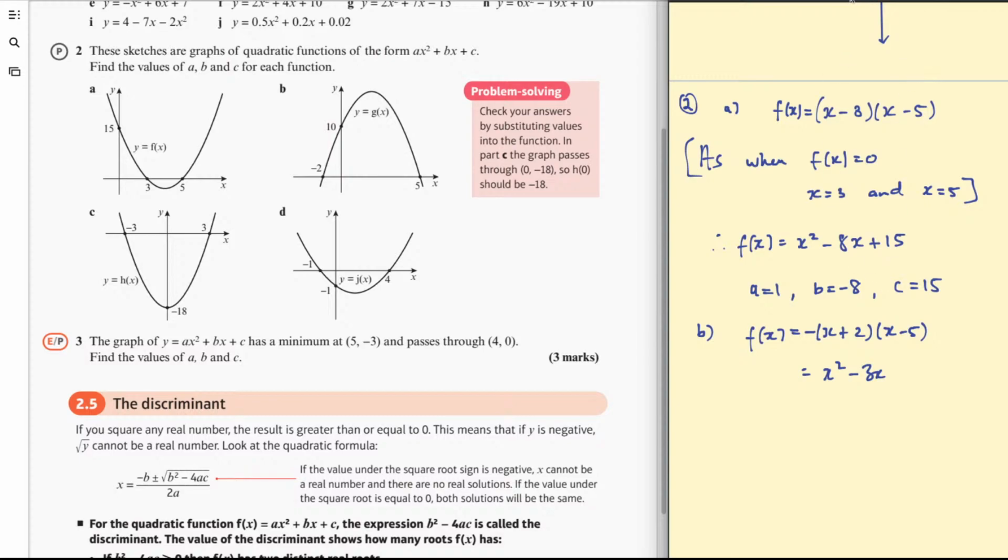So then once I expand that negative out, I get negative x squared plus 3x plus 10. And then the y-intercept checks out.